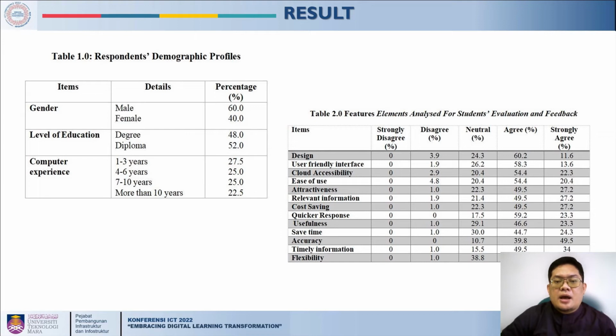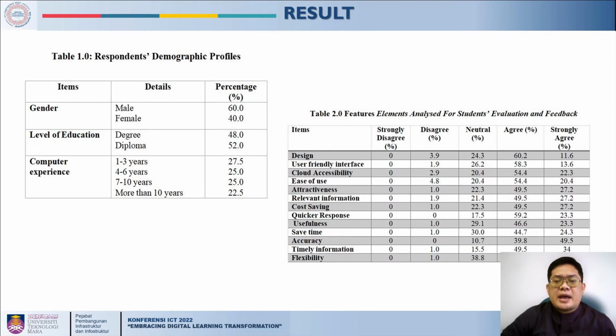As you can see from the tables, most respondents agree that these 13 criteria are key success factors in developing a system which gives a positive impact to the students.